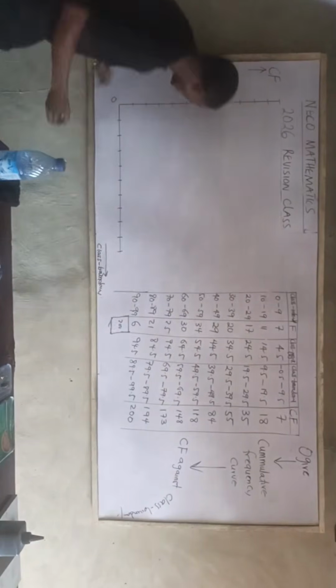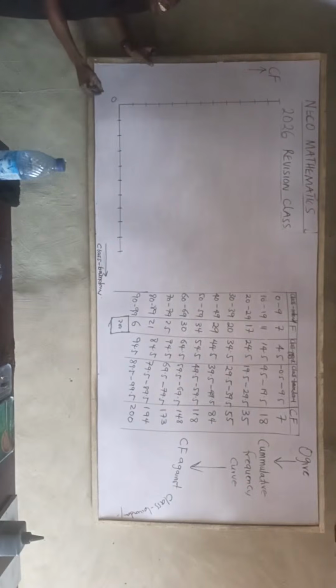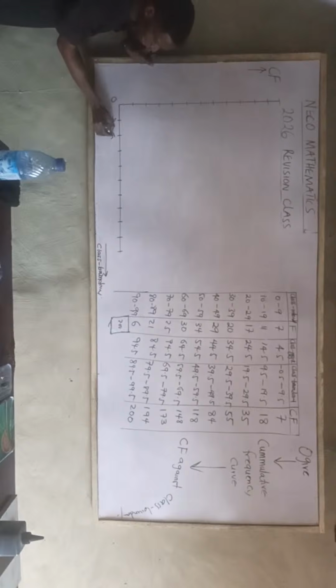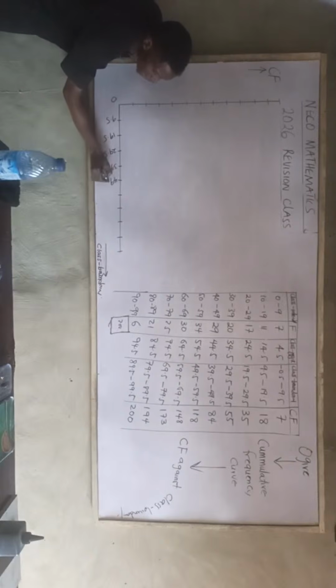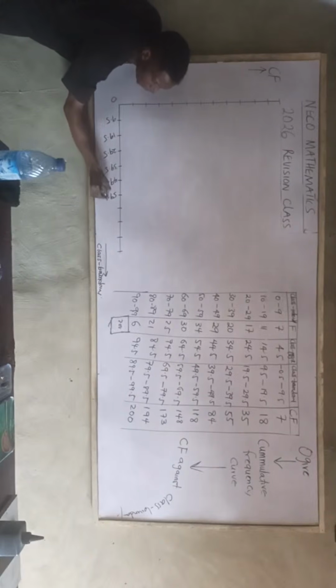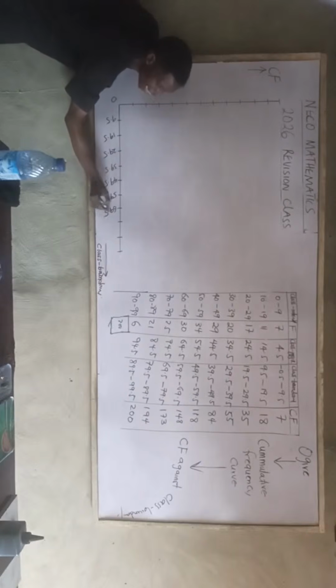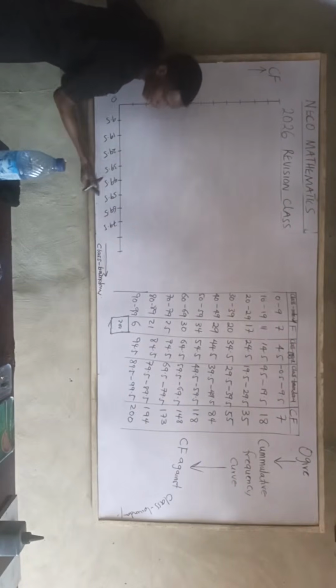So I would have them put on each of them. The very first one, 9.5. The next one, 19.5. The next one, 29.5. 39.5. 49.5. 59.5. 69.5. 79.5.